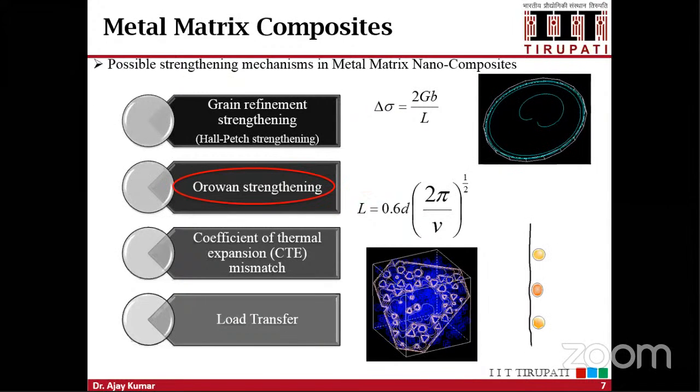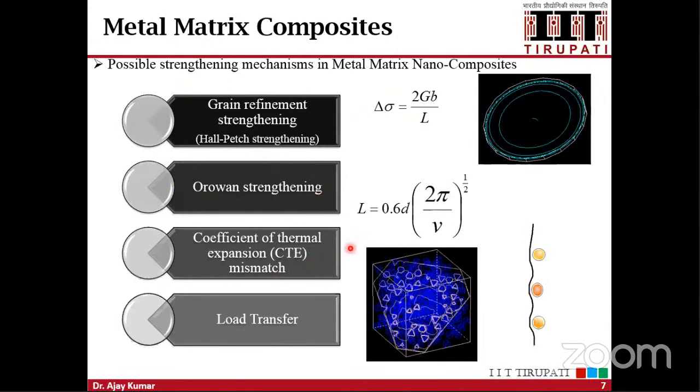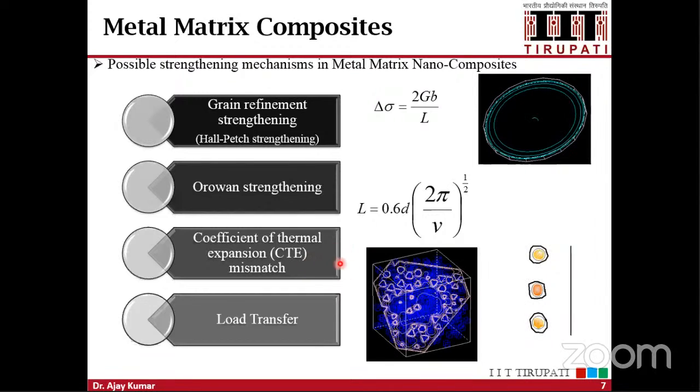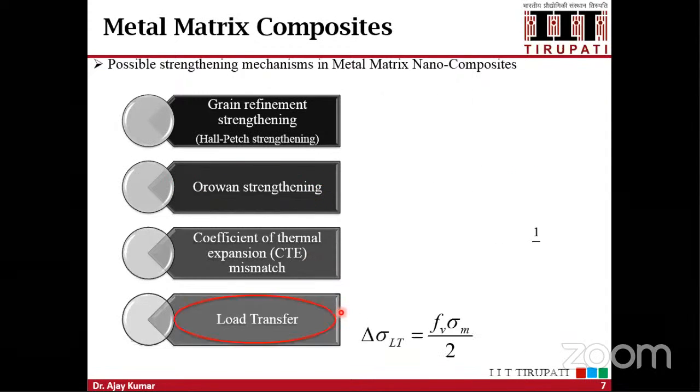Then we have the coefficient of thermal expansion mismatch between the matrix material and the reinforcement. And then we have the load transfer strengthening mechanism. These are the four basic strengthening mechanisms, and I will give you some examples from the composite materials we have developed.